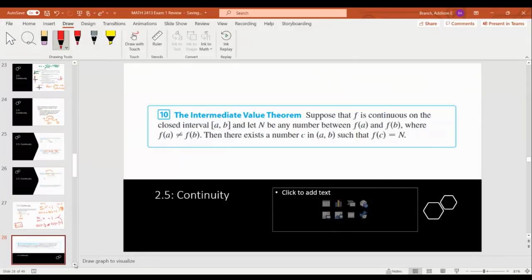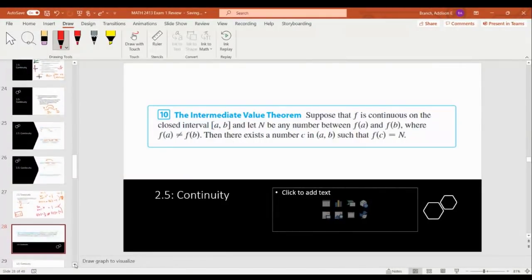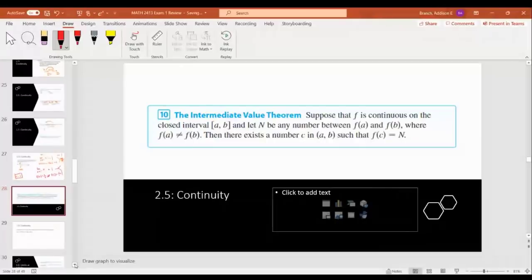All right, the last thing we got from this section is going to be the intermediate value theorem. So what this one is saying is, if we know that f is continuous on an interval from a to b, so we'll say that this is a and this is b, and then n can be any number between f of a and f of b.